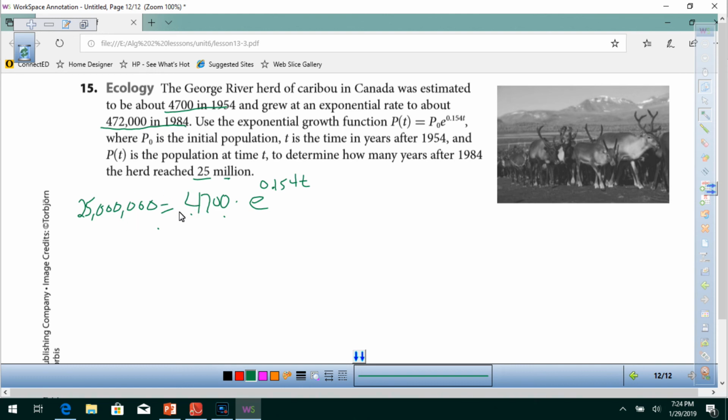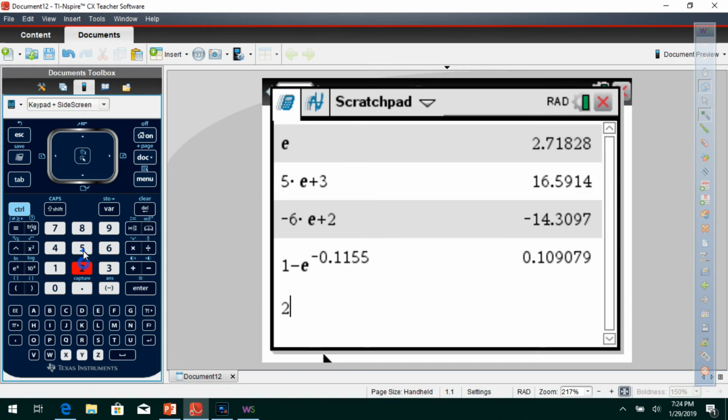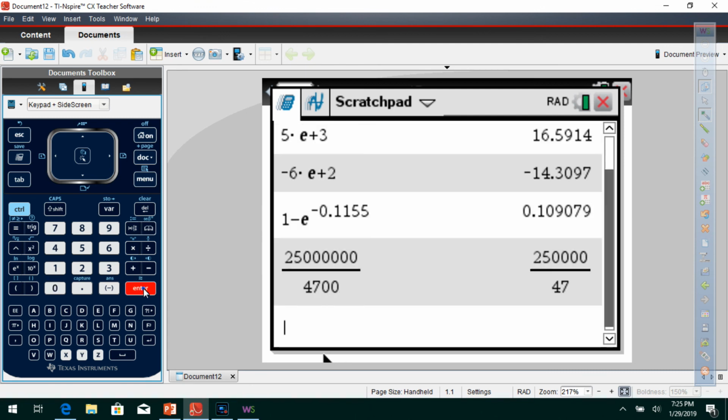That would be some big numbers and might be hard to find. So I'm going to divide both sides by 4,700. And that's going to give me e to the 0.154 T. Let's go in here and enter 25,123,123 divided by 4,700.